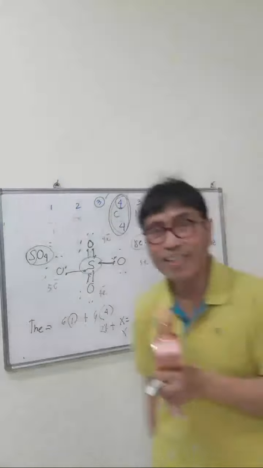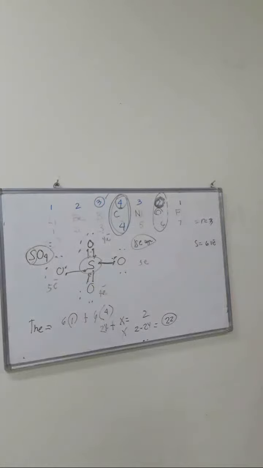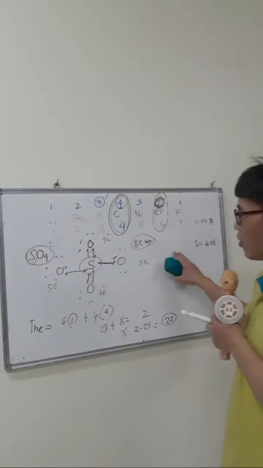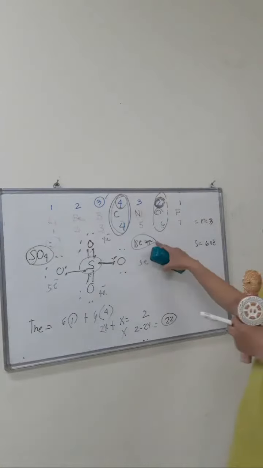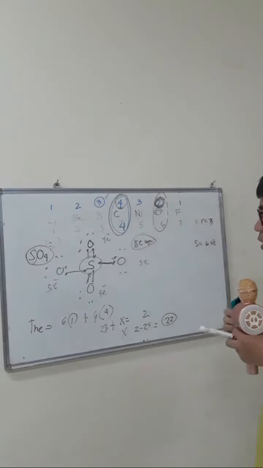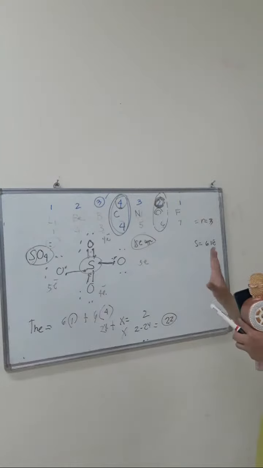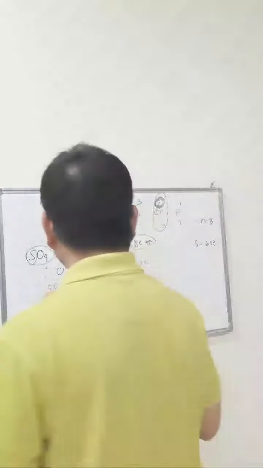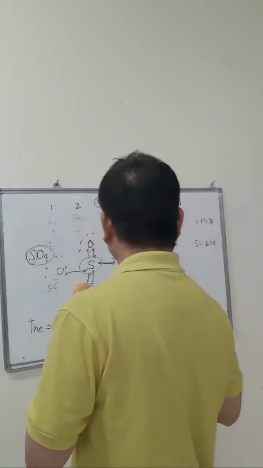So you add the 4 electrons: 18 electrons, add 4, it will become 22. Get the point? And then it will transfer into the charge, so you have negative 2 here.